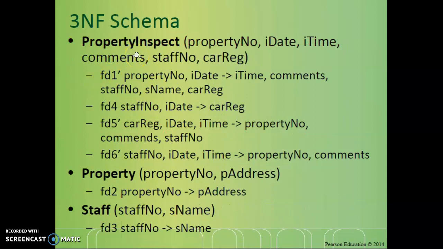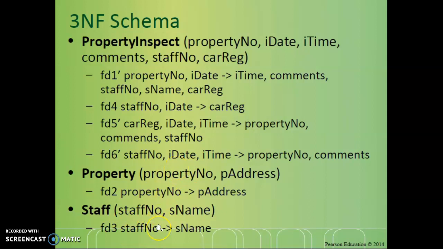So to test for BCNF, we simply identify all the determinants, meaning all the left hand side attributes in the functional dependencies in these three tables, and make sure they are candidate keys.